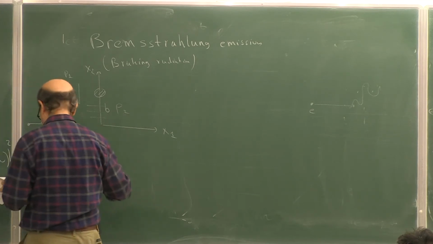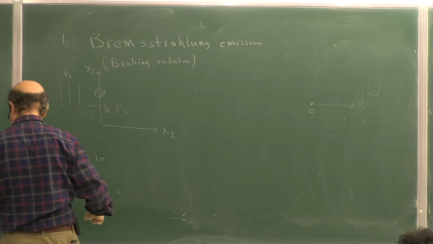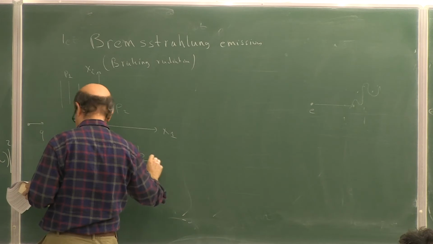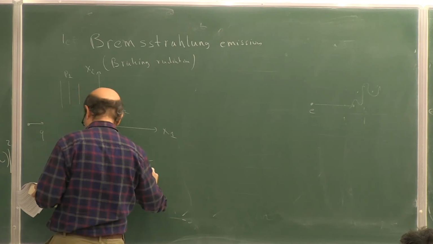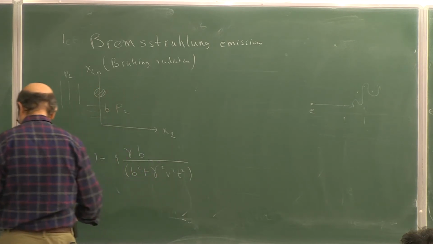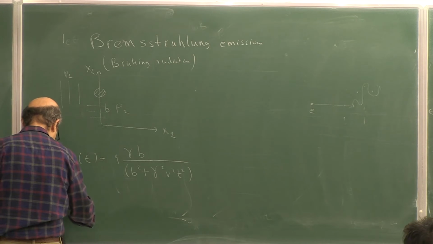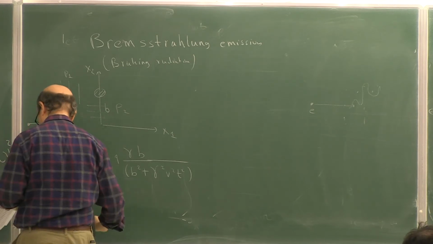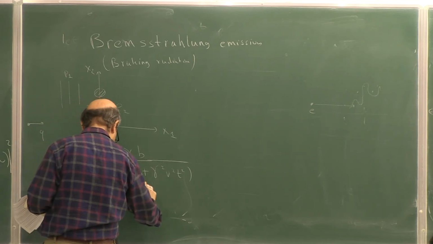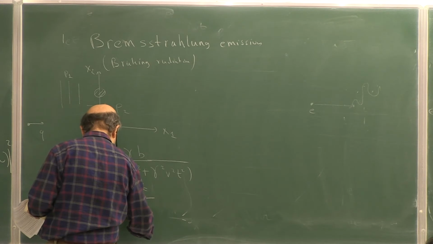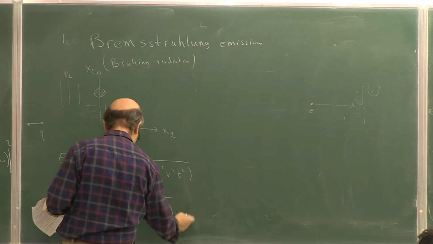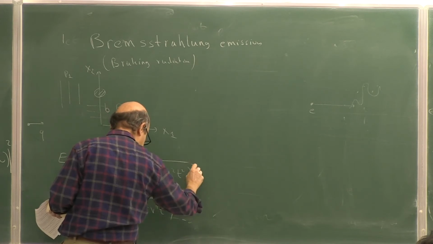So, with respect to the rest observer, the field along the y direction is q gamma b over b square plus gamma square v square t square, and E1 of t is minus q gamma vt over b square plus gamma square v square t square to the power 3 over 2.